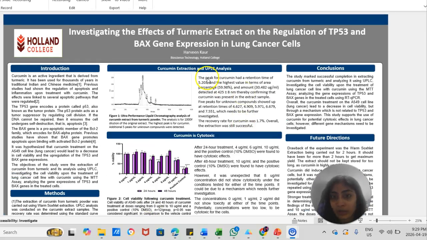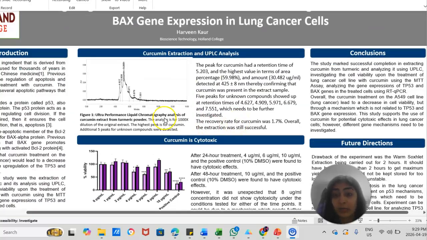Talking about my results, when I ran my extract on UPLC, I got six different peaks. Five peaks are for unidentified compounds, but one peak is for curcumin, which matched the curcumin standard.